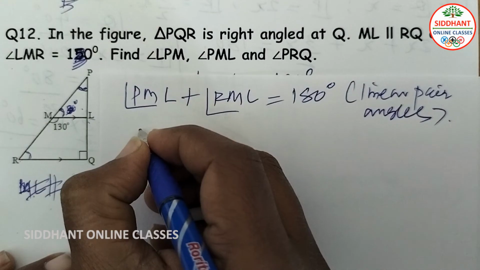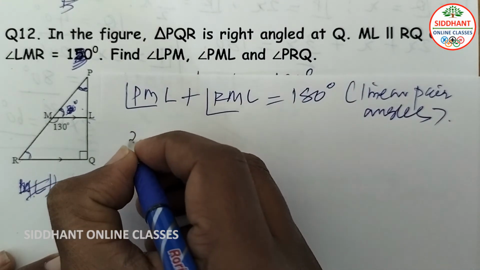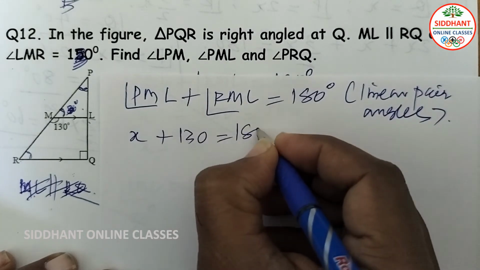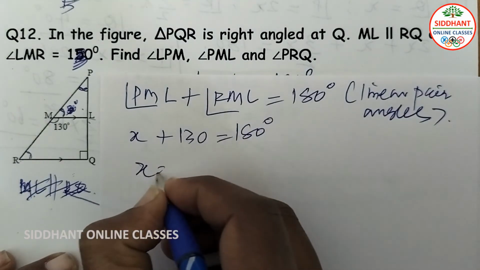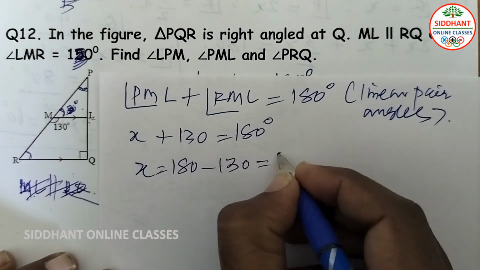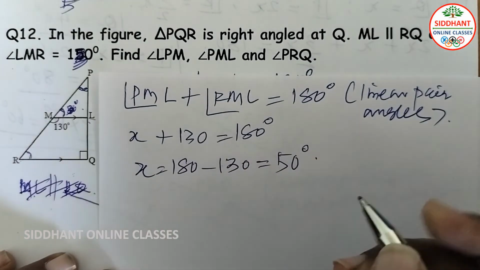So PML we take as x, this is 130, that equals 180 degrees. Then x equals 180 minus 130, that equals 50 degrees.